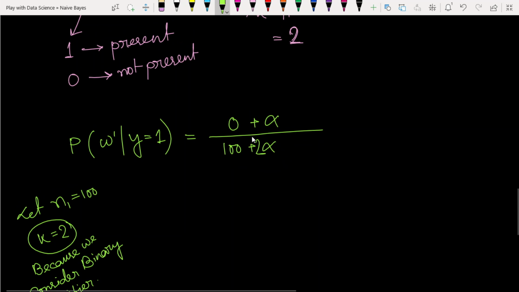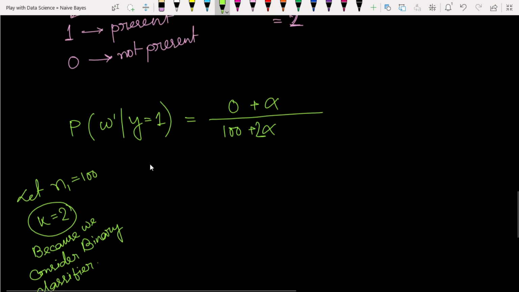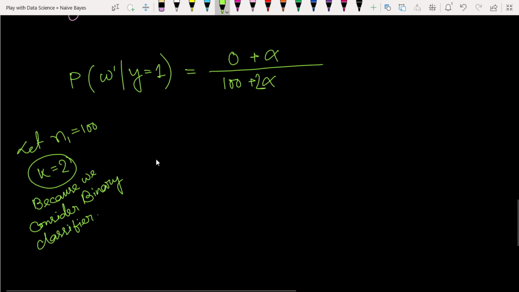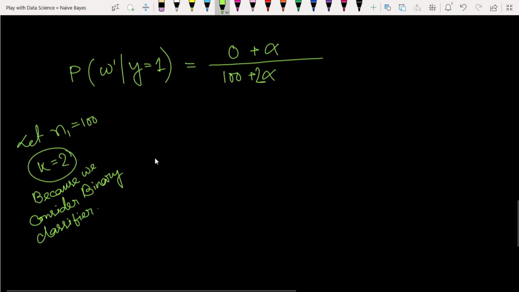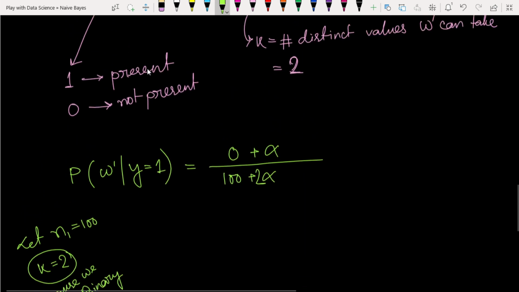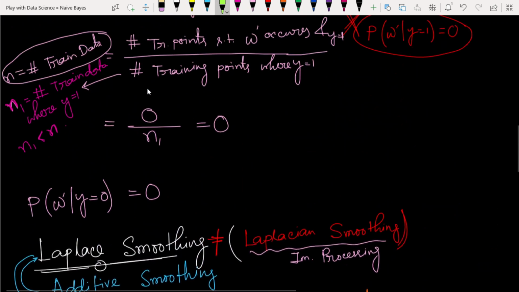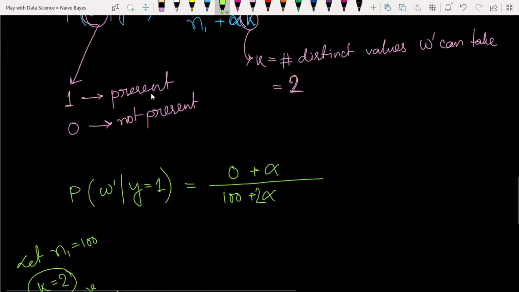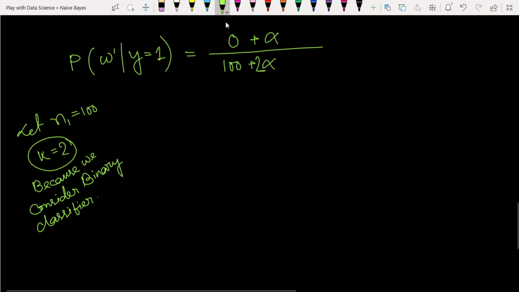You might ask one question: sir, why are we taking this kind of smoothing, when we just want to ignore this probability, ignore this word? Instead, we can simply take some small value, that is epsilon.